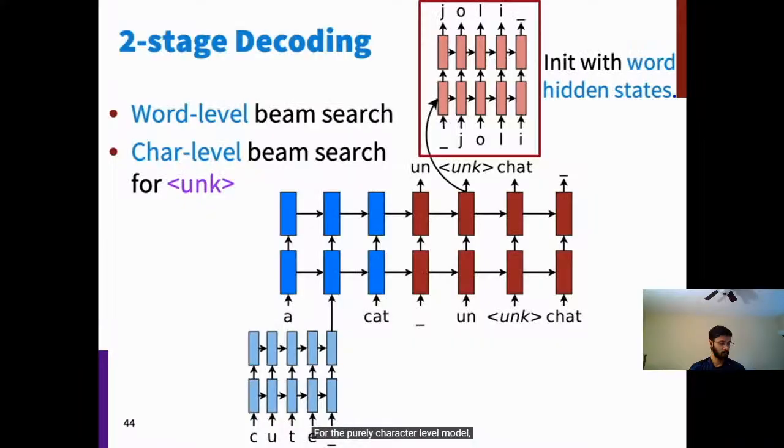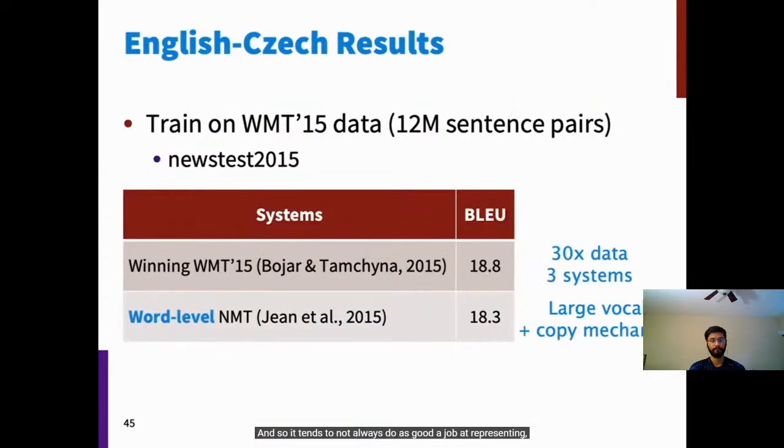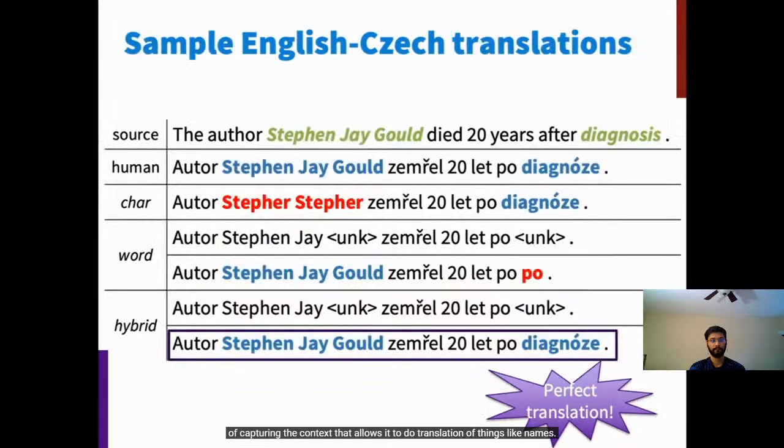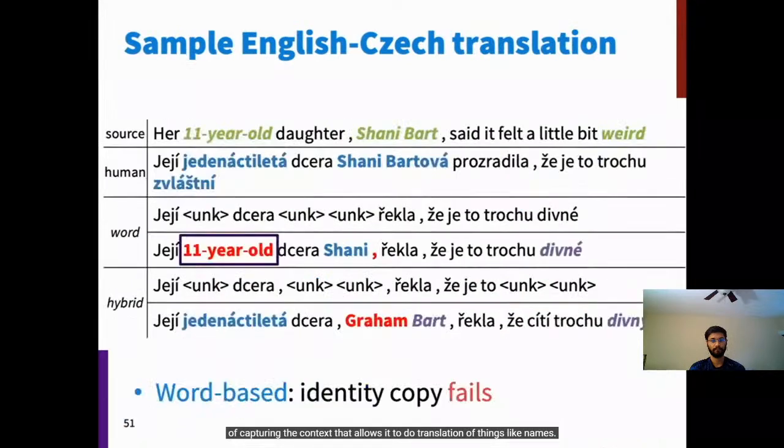The purely character level model is able to use the character sequence as conditioning context very effectively, whereas for our hybrid model, although we feed the hidden representation of the word level model in as the starting hidden representation of the character level model, it doesn't have any representation further back than that of what's in the word level model, and so it tends to not always do as good a job at capturing the context that allows it to do translation of things like names.